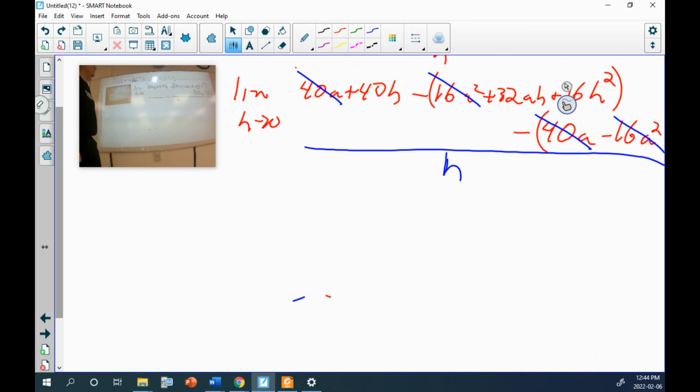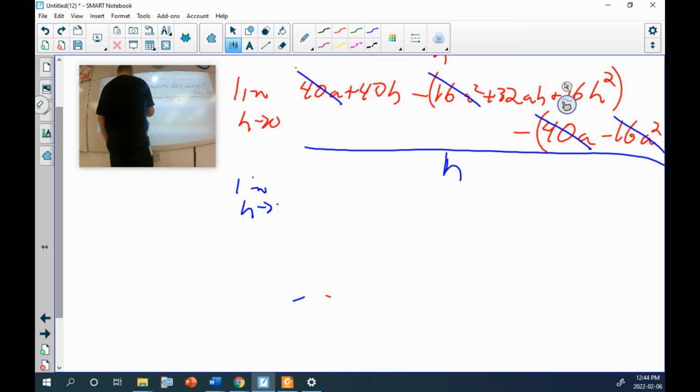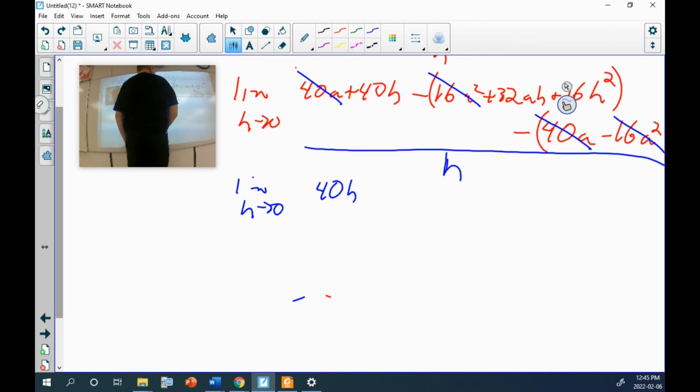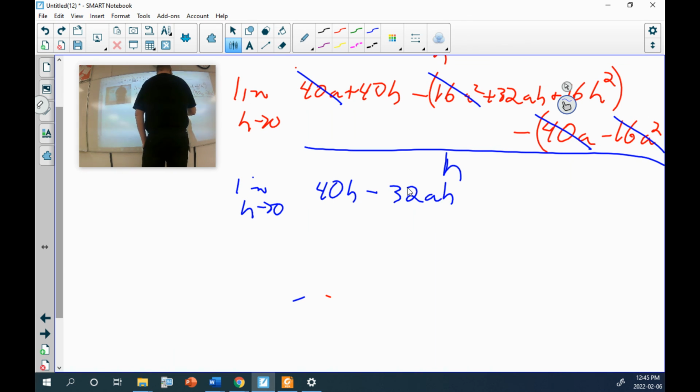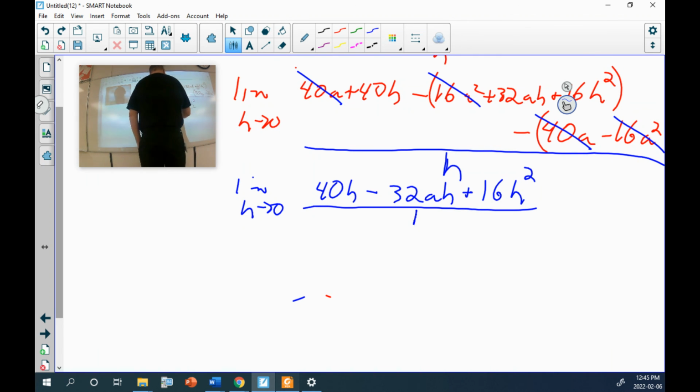So what I have is the limit as h approaches 0 of 40h minus 32ah plus 16h squared. That's all I have left on the top.